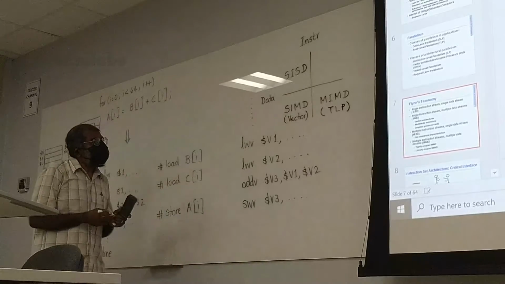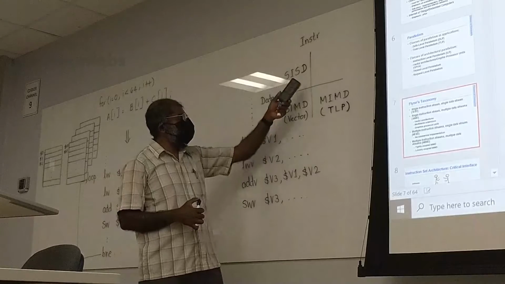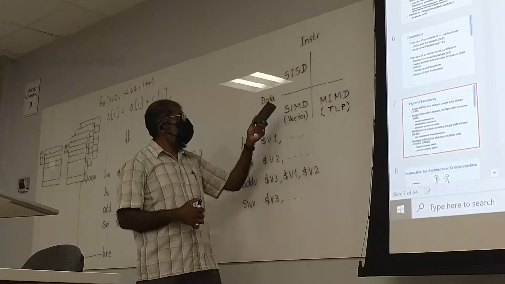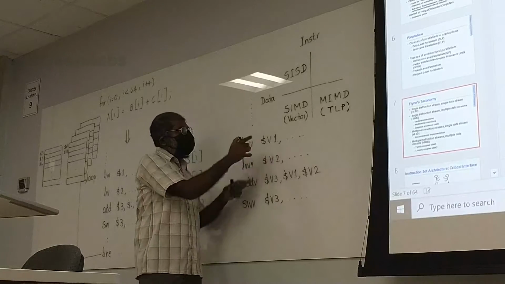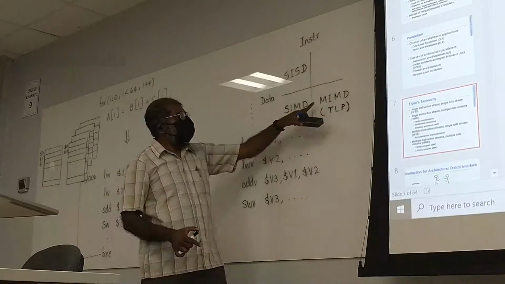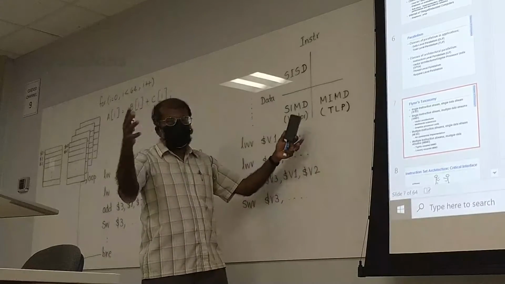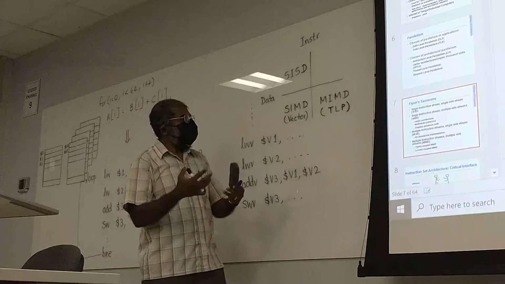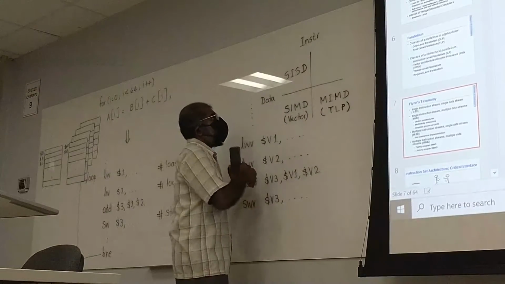So at that time, supercomputers were vectors, so he classified them like that. A single instruction operating on multiple data items. So it's SIMD. Then MIMD was parallel processors, where you had multiple processors connected together by some means. And this was uniprocessor.